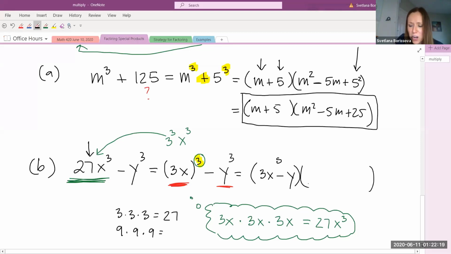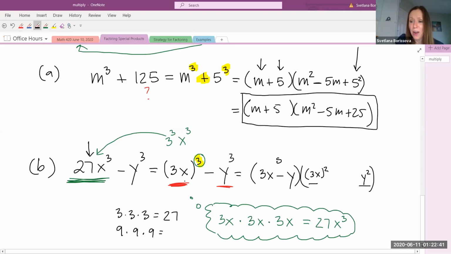Now for the second expression, we have to put squares of each of those things on each end. Again, I'll keep using parentheses. So it's 3x squared on this end, and then y squared on the other end, right? And then what's right in the middle?